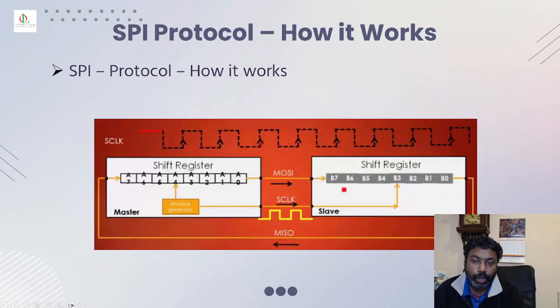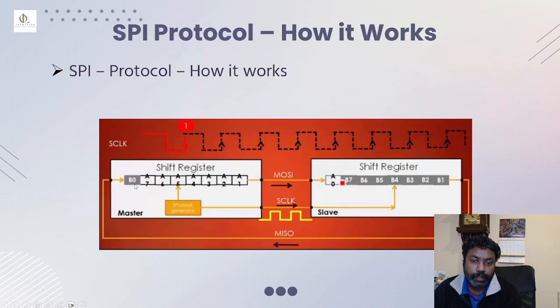And this is one good explanation. First, you are generating the serial clock, then the shift register starts its conversion. In the first conversion, you're going to send this B0 to here, so you already shifted the A0 to here.